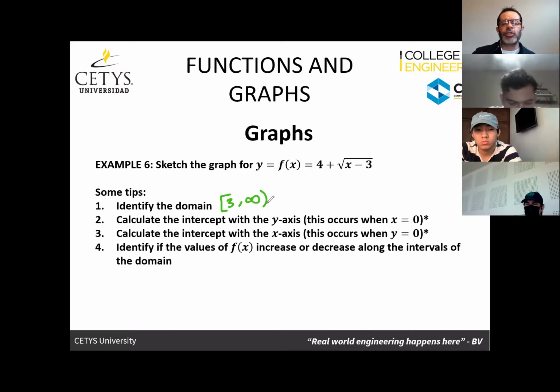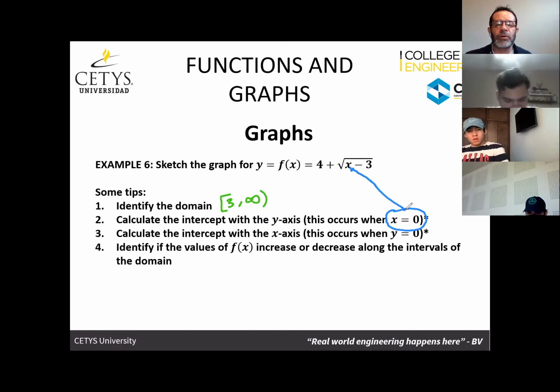The intercepts with the y-axis are going to be points where x equals 0, okay? So what happens when x equals 0? If I substitute x equals 0 here, I get y equals 4 plus the square root of -3.